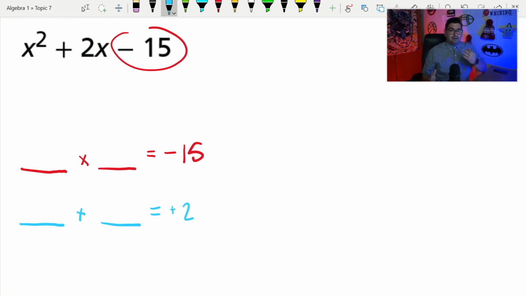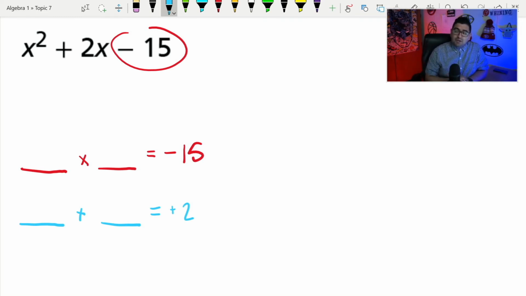Well, think about it. In math, how do we get a negative number when multiplying? If both of them are negative, we just saw that you get a positive number. So we know that only one of these numbers can be negative. Only one of these can be negative. So we have a negative 15. How do we get a negative 15 by multiplying two numbers?